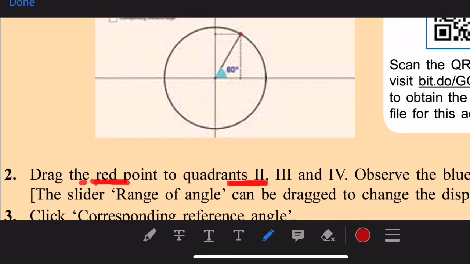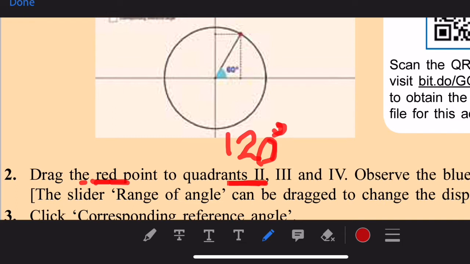Quadrant 2 will be 90 to 180, right? Observe the blue angle. If I shift to the second quadrant, the blue angle will have a reading there. You can see 120 degrees, and the green angle, the reference angle, is 60.